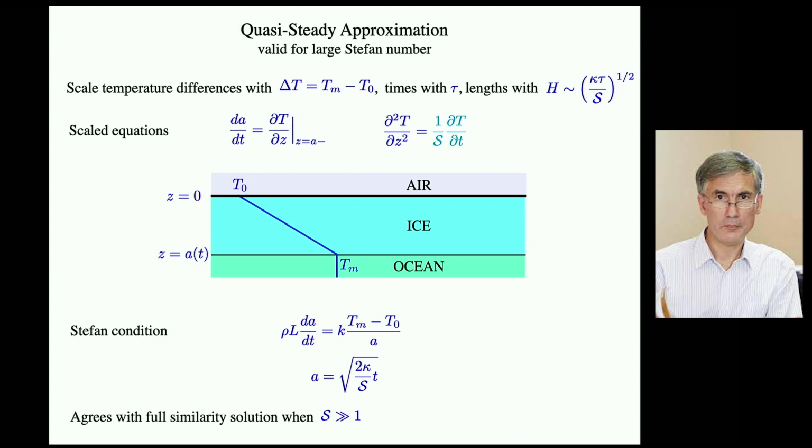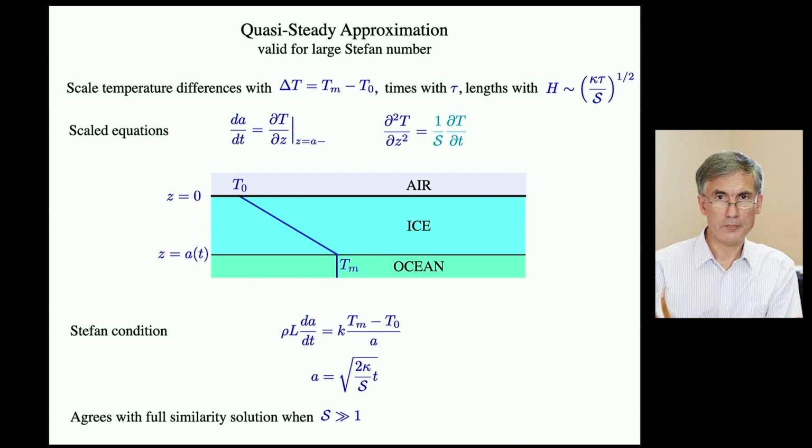And what I've done there is, rather than choose a scaling in which the terms in the diffusion equation balance, I've chosen a scaling in which the terms in Stefan's equation balance. So with this scaling, my dimensionless equations look like this, with two terms in Stefan's condition.